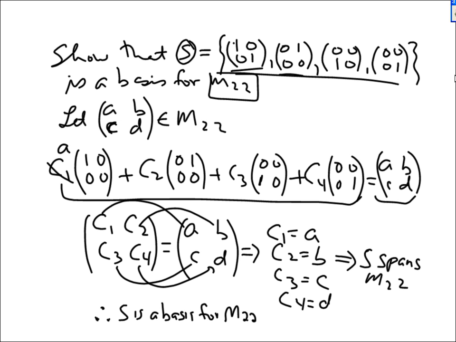Just let this be A, let this be B, let this be C, and let that be D. After all, that is what we discovered. It's very similar to E1, E2, E3, E4. It's a very fair problem on an exam.